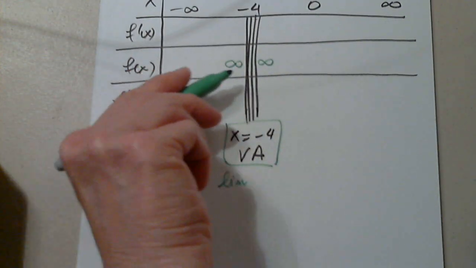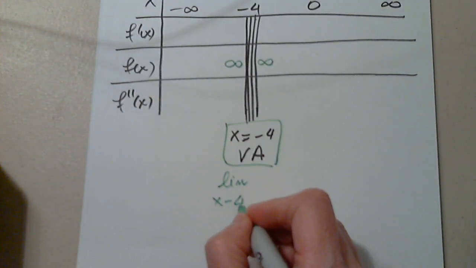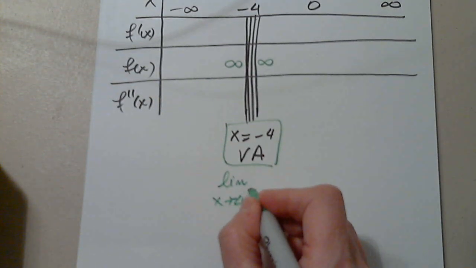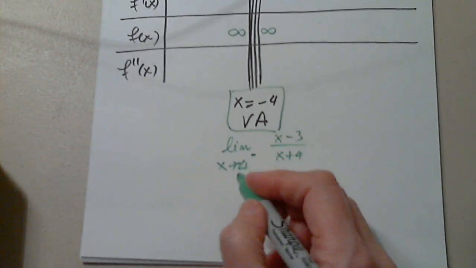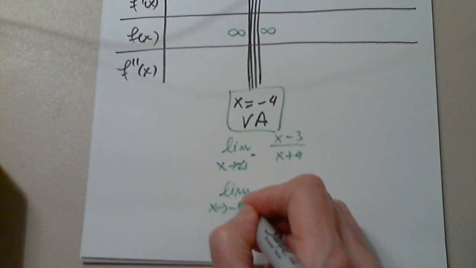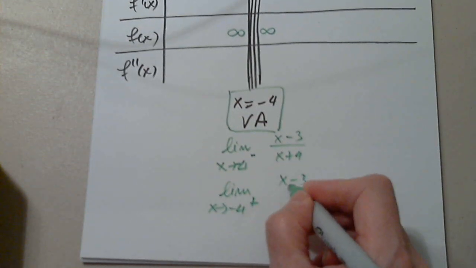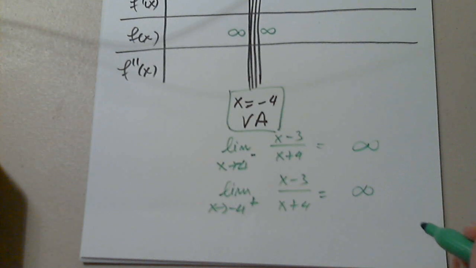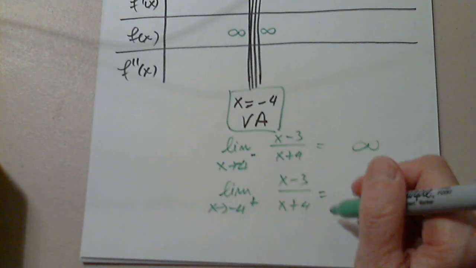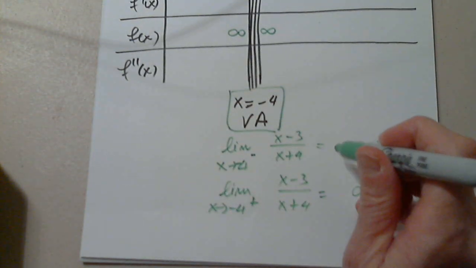The limit as x approaches -4 from the left of (x − 3)/(x + 4), and the limit as x approaches -4 from the right of (x − 3)/(x + 4). You know it has to be infinities. They have to be. But we don't know the sign.